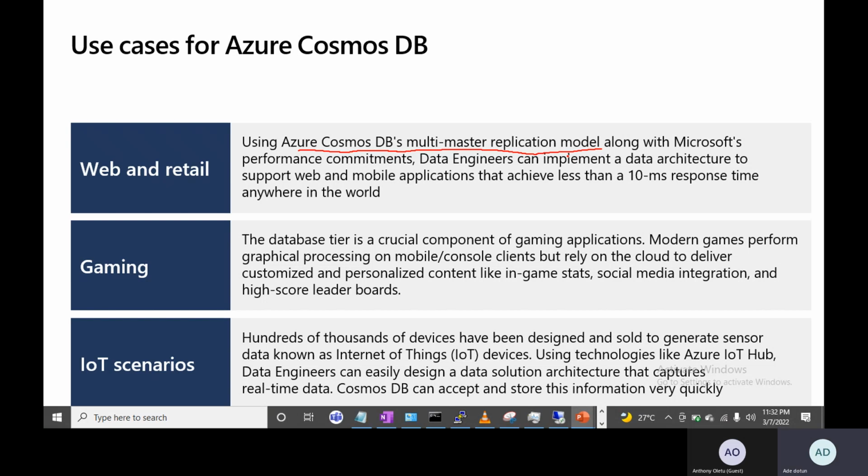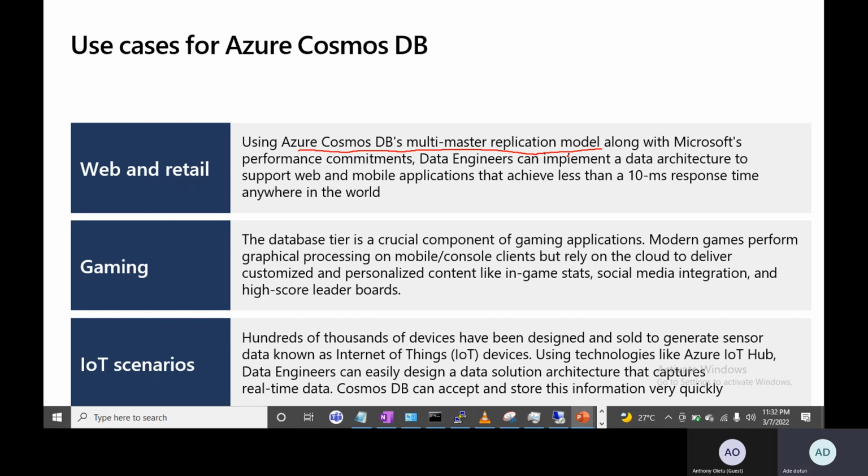Hundreds of thousands of devices have been designed and sold to generate sensor data, known as Internet of Things devices. Most of these devices are working together in making sure that they deliver on that promise.